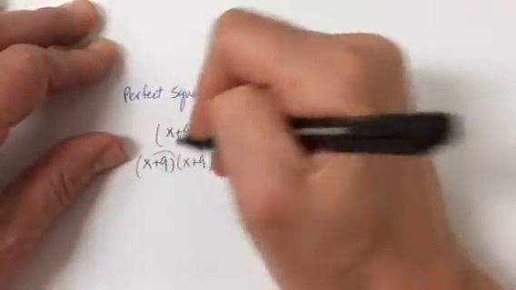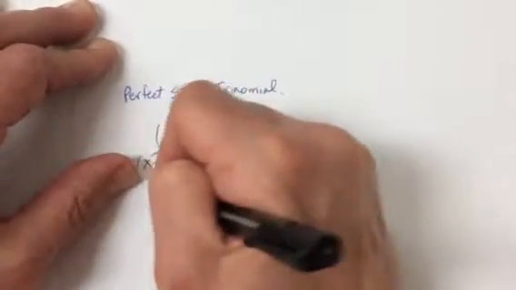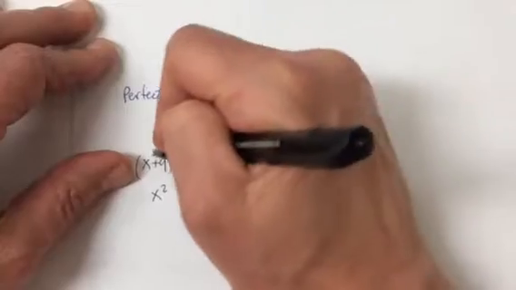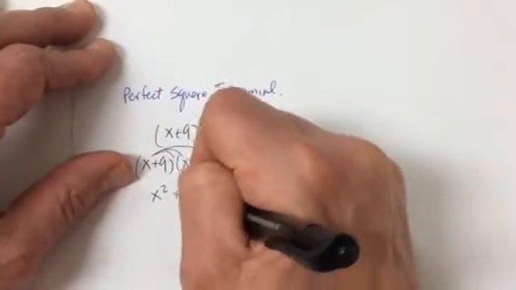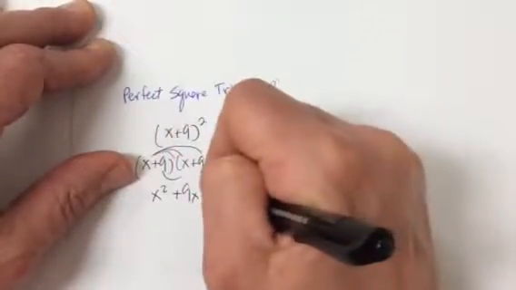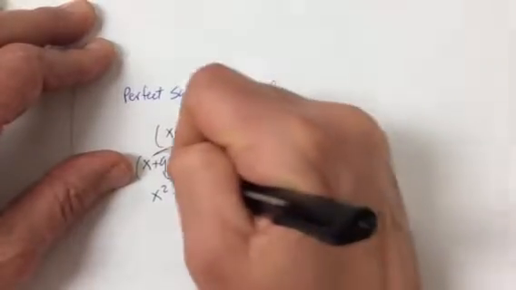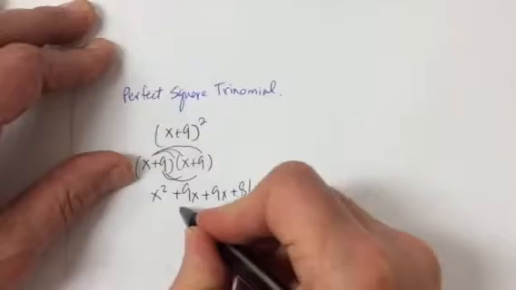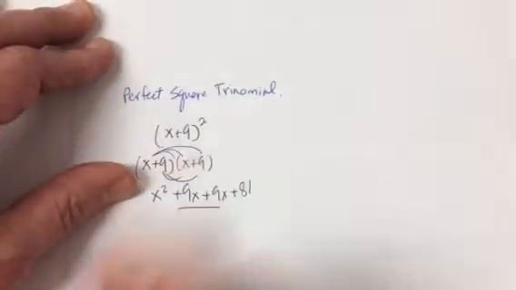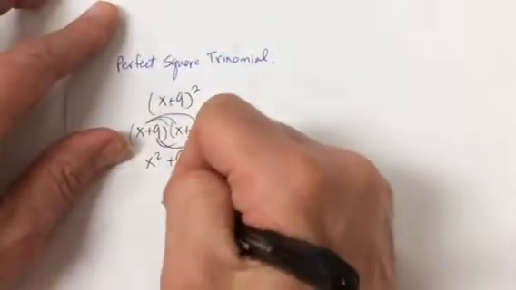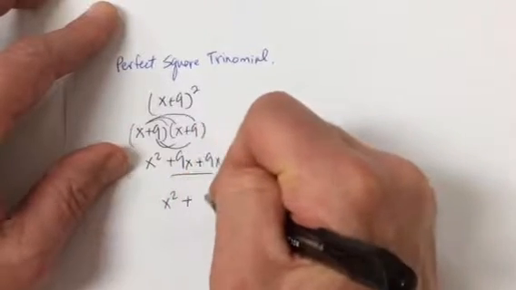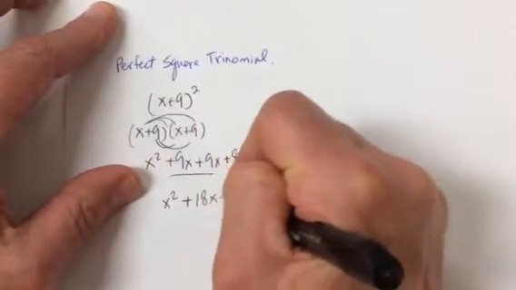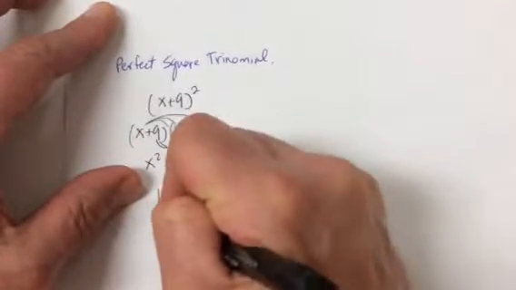Now when we multiply this out, we get x times x, which is x squared, x times 9, which is plus 9x, 9 times x, which is plus 9x, and 9 times 9, which is plus 81. Combine our like terms in the middle, and we end up with x squared plus 18x plus 81.